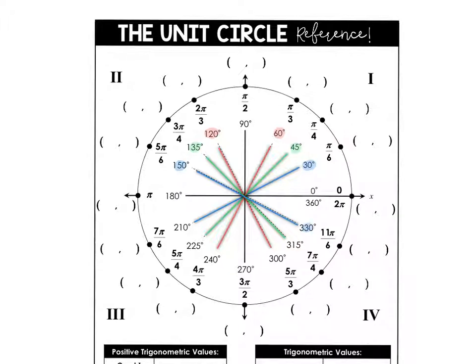And same thing here and here, and the red is 240 and 300, and the green has 315 and 225. Okay, so that means these same colors are all connected with each other.